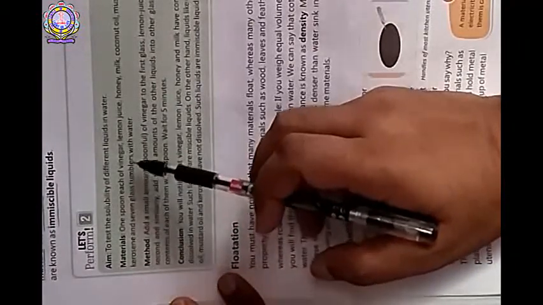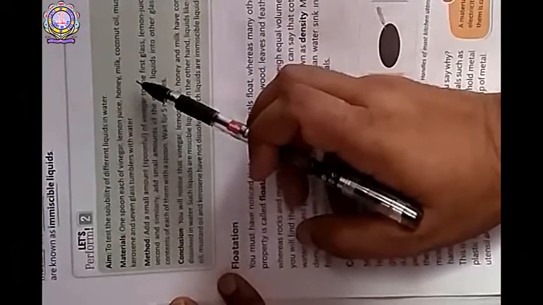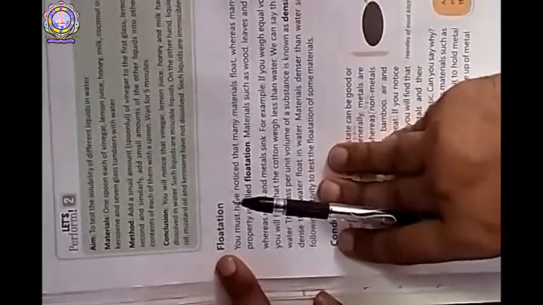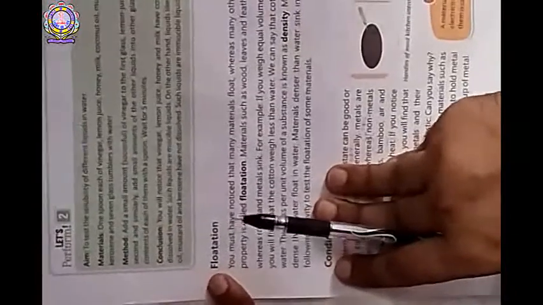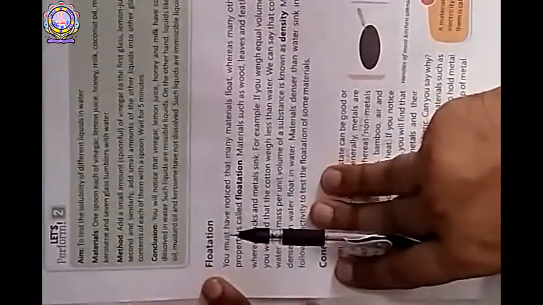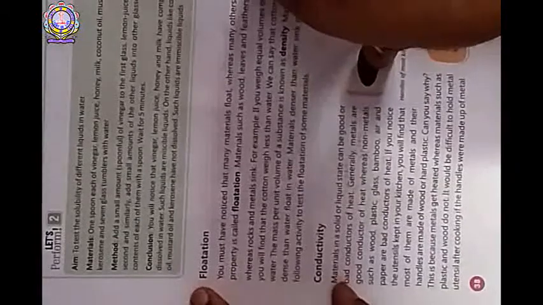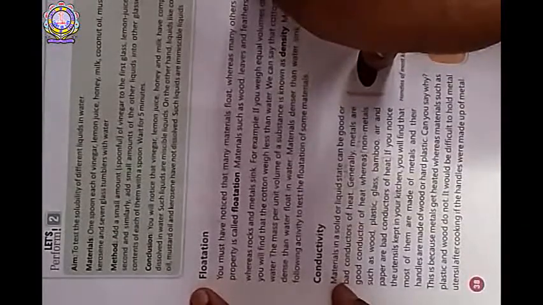Materials: one spoon each of vinegar, lemon juice, honey, milk, coconut oil, mustard oil, kerosene, and seven glass tumblers with water. Look students, this activity you will do at your home, and I will also show you here.